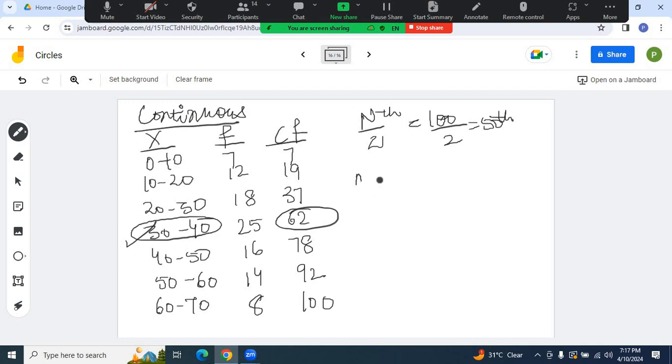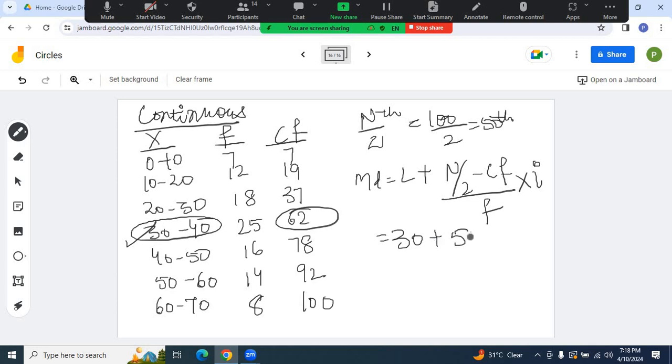The formula for median is L plus n by 2 minus cumulative frequency, which we have already done. I hope you remember. L is 30, n by 2 is 50, cumulative frequency 37, frequency 25. CF is the preceding one, frequency is the corresponding one, and i is 10.